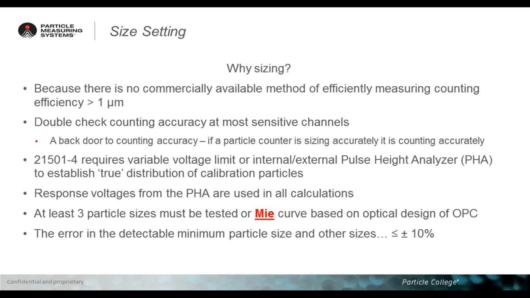And so the sizing is the method we use to make sure the instrument is able to detect the right dimension of the particle. This test employs a PHA, pulse height analyzer, and the standard requires that at least 3 particle sizes are tested.